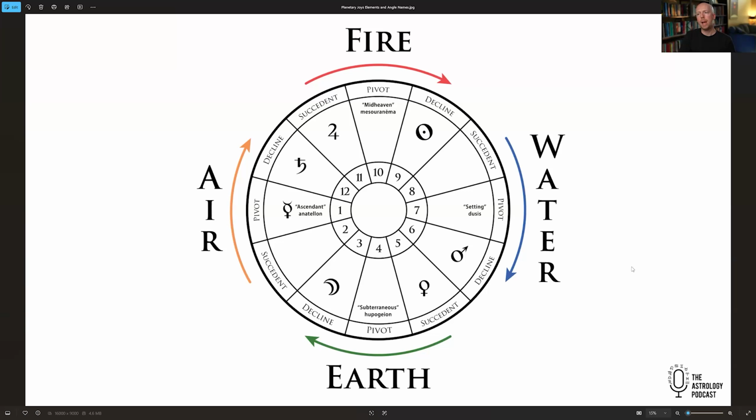And then on the left, we have Mercury and Saturn associated with the angular triad, or the group of three houses, which is the second, first, and twelfth house. And with Mercury having its joy in the first house and Saturn in the twelfth house, they get associated with the element of air, which is rising up at the rising sign towards fire.